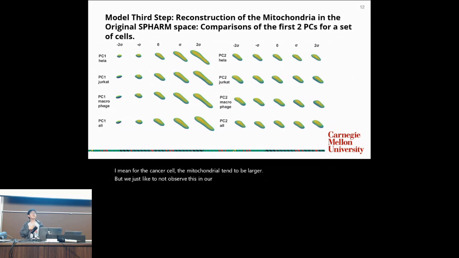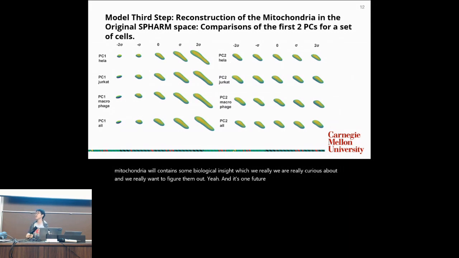I'm not sure whether it answers your question, but sometimes the size of the mitochondria will contain biological insight, which we are really curious about and really want to figure out. It's one future direction.